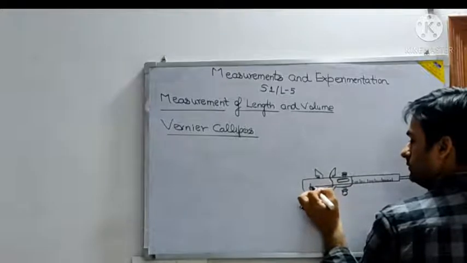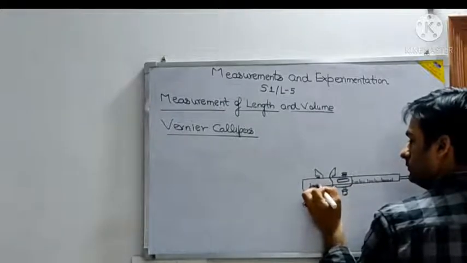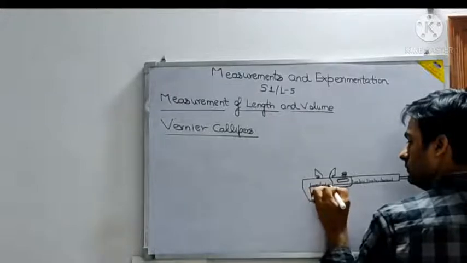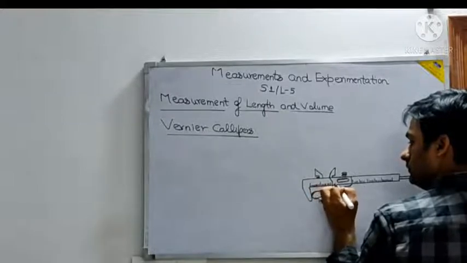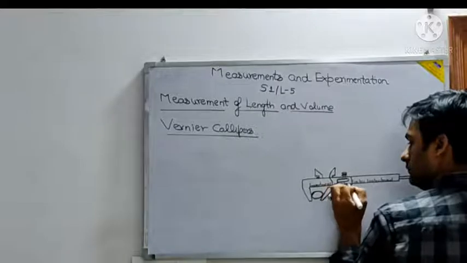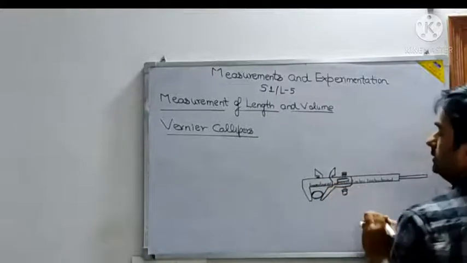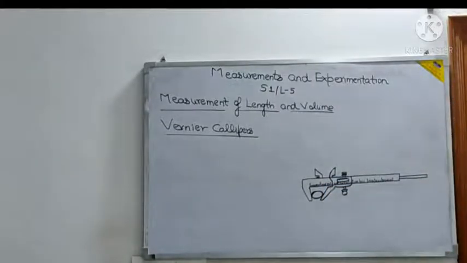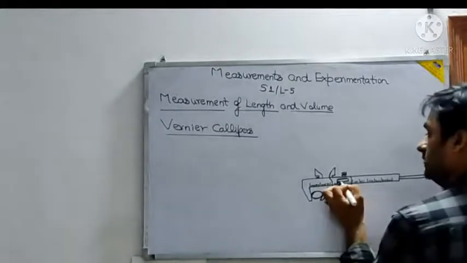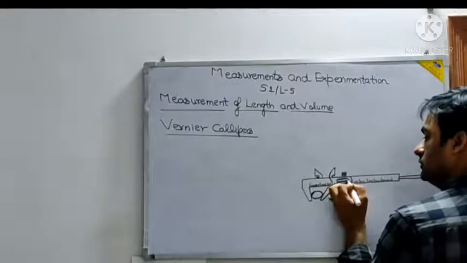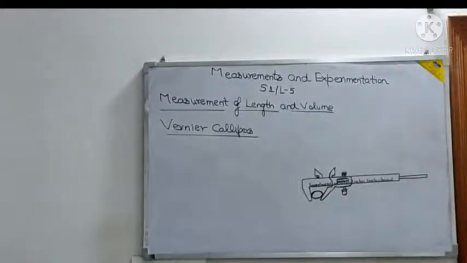There are markings here, and also on the vernier scale there are markings. Okay, I hope this is a little bit not very good, but an okay diagram for you.